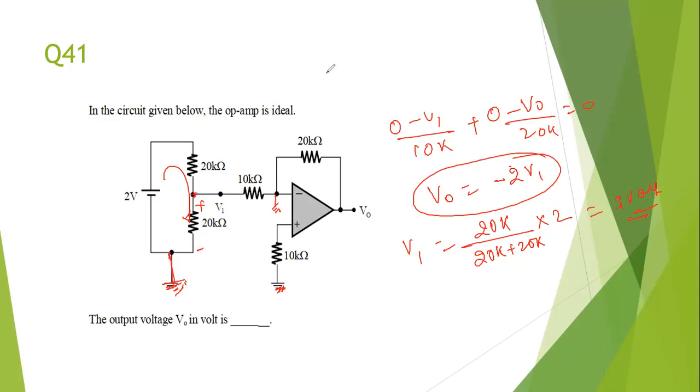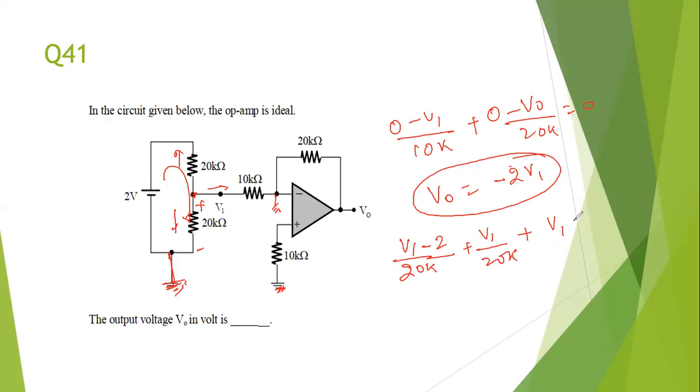This potential is V1. So just apply the KCL. Total outgoing current equal to 0. So this is V1 by 20K, V1 by 10K equal to 0.